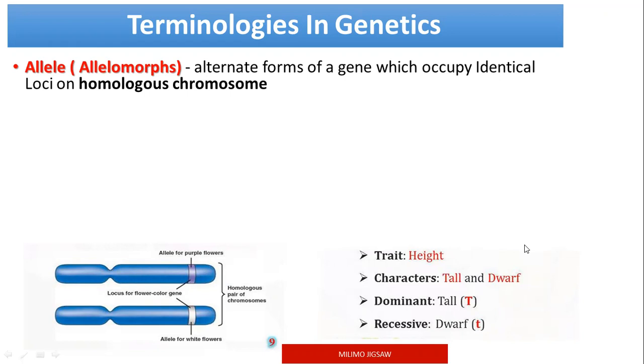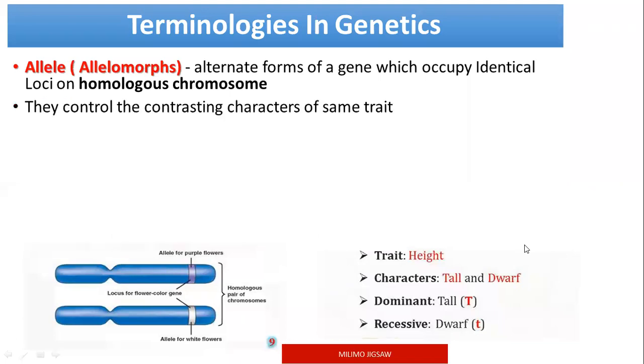So we did talk about homologous chromosomes. We did talk about the allele in our lesson on the theory of inheritance. So an allele or allelomorph is simply an alternative form of a gene which occupies identical loci on homologous chromosomes. These control contrasting characters of the same trait. So they are going to control the same trait.